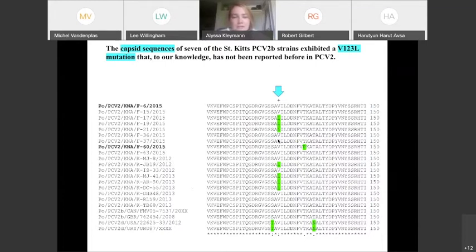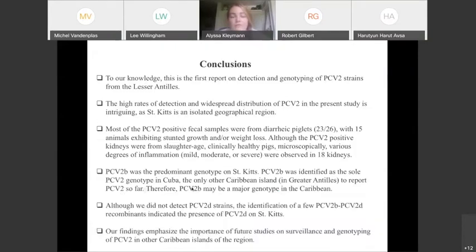Most of the PCV2 positive fecal samples were from piglets where 15 animals exhibited stunted growth or weight loss. And although the PCV2 positive kidneys were from slaughter-age, clinically healthy pigs, microscopically, various degrees of inflammation, mild, moderate, or severe, were observed in the 18 kidneys.